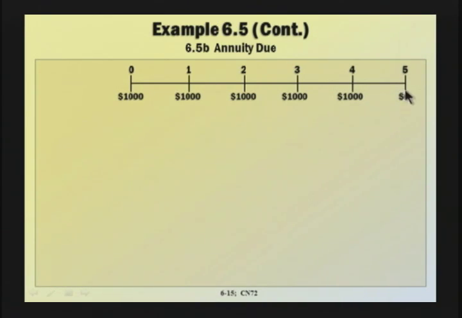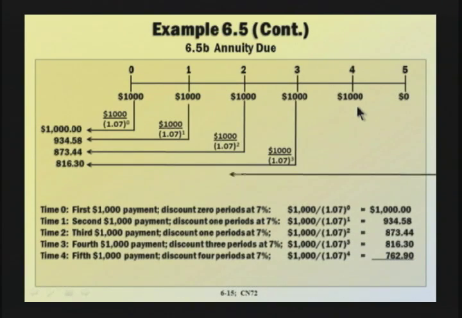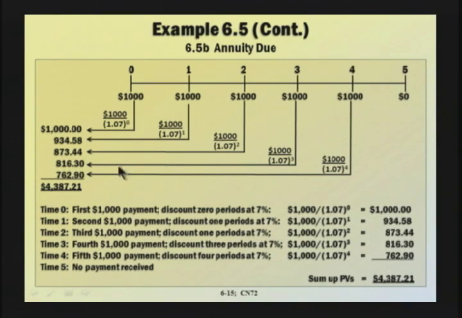So what we've done is we've slid each payment 1 year closer to us. So each payment now gets discounted 1 year less. No periods discounted for the first one. 1 period, 2, 3, 4. So the total present value of this annuity due is $4,387.21.